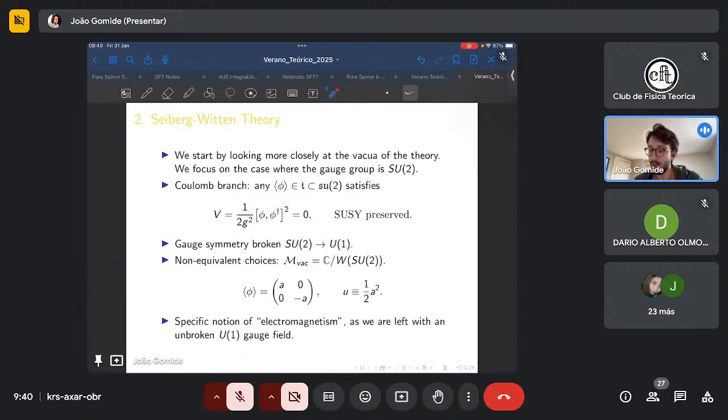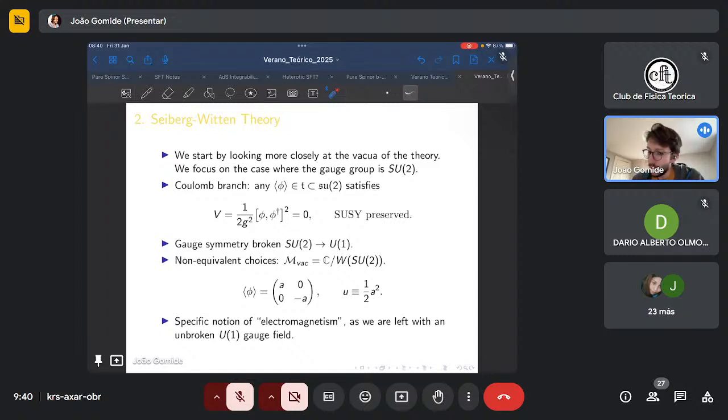There's some ambiguity in defining this, and this is because of the Weyl group of SU(2), which rotates the generators among themselves. So the true coordinate for the moduli space will be this u squared, which is invariant under the action of this Weyl group.